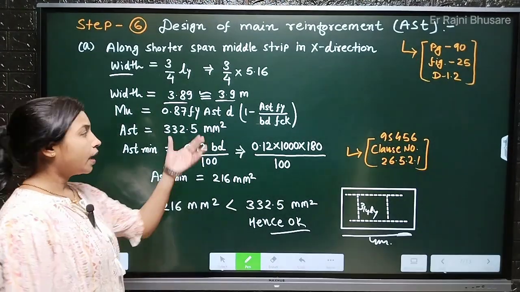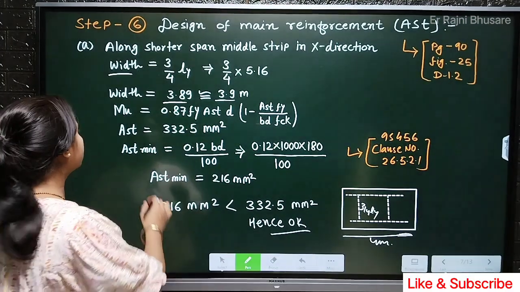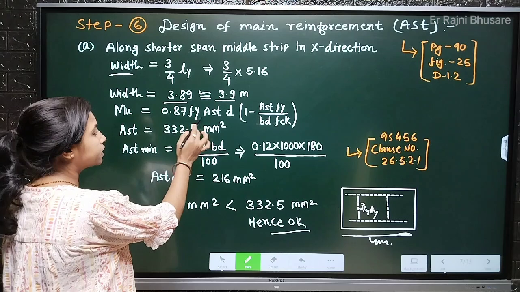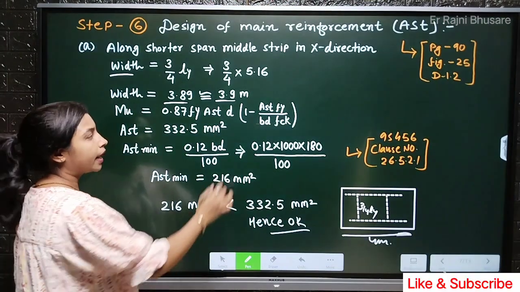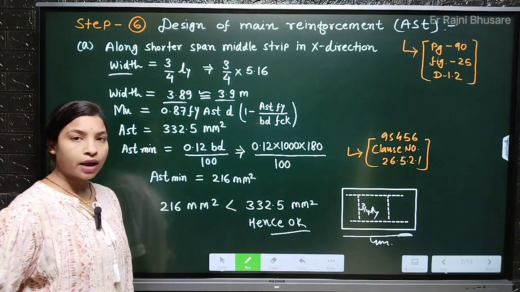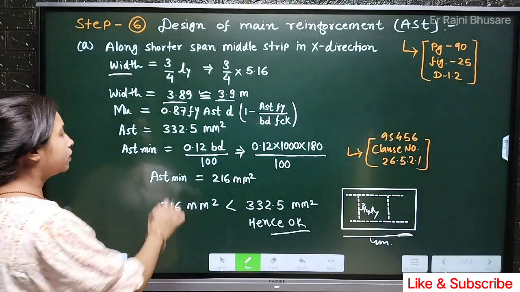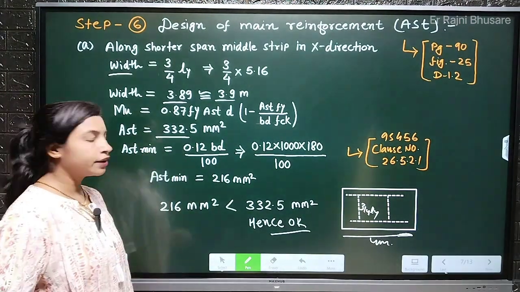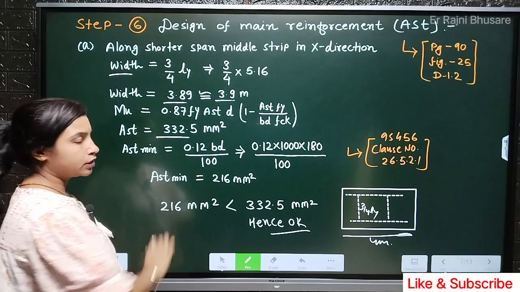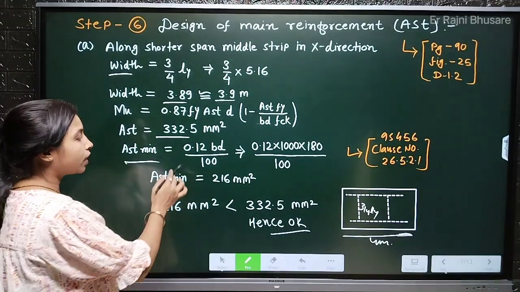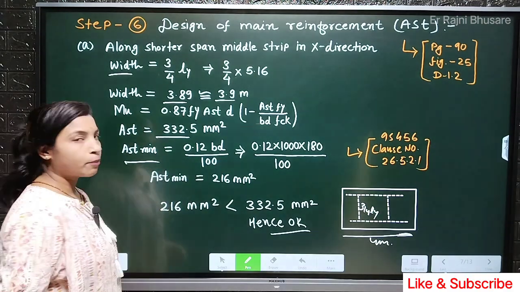Okay, and after that we have to calculate area of steel by this formula. Their formula is 0.87 fy Ast d, and 1 minus Ast fy upon b d fck. So here we will calculate area of steel. Our Ast is 332.5 mm squared, and also we will calculate Ast minimum by this formula, 0.12 b d upon 100.